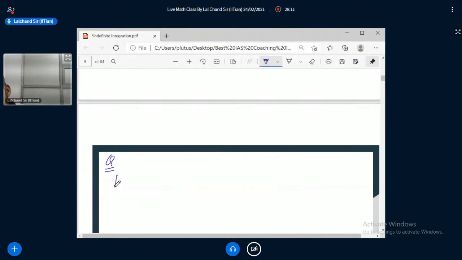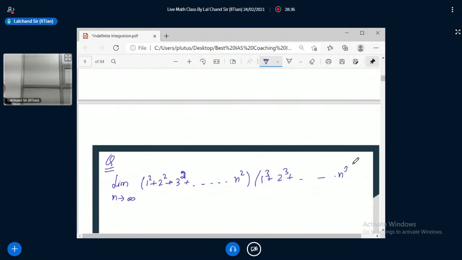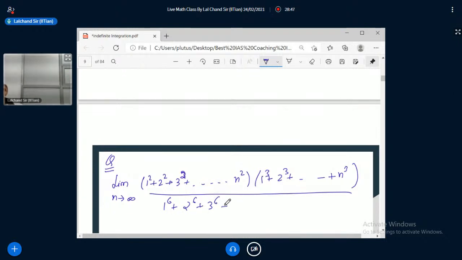This is the limit as n tends to infinity of (1 square plus 2 square plus 3 square up to n square) into (1 cube plus 2 cube up to n cube), divided by (1 to the power 6, 2 to the power 6, 3 to the power 6 up to n to the power 6).